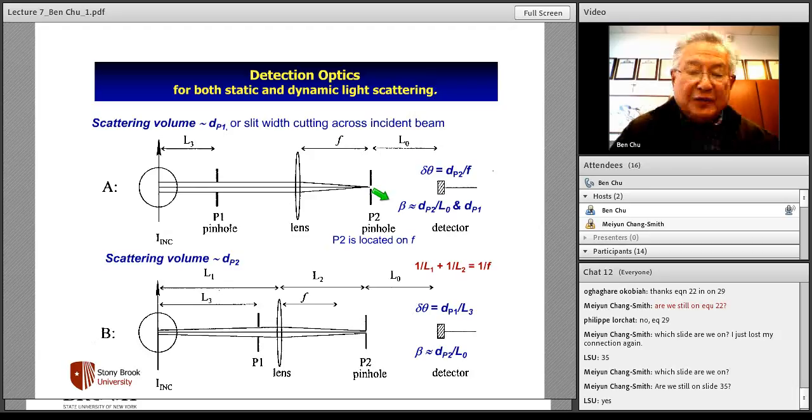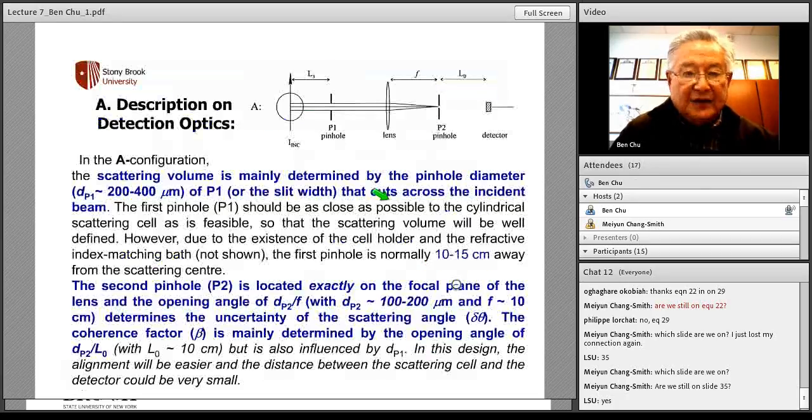Well, if I have a small cell, this is essentially going through a curved refractive index difference, so the beams will be distorted here. This can be minimized by using refractive index matching fluids and so forth, which I will not go into detail here.